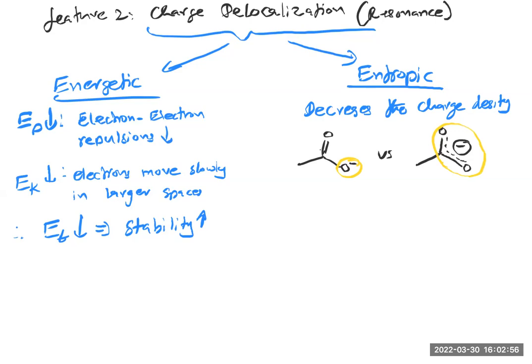So here's the volume of the same charge when it is delocalized versus when it is not delocalized. This is localized on the left hand side, and here it is delocalized. Obviously the same charge is in a larger volume now.